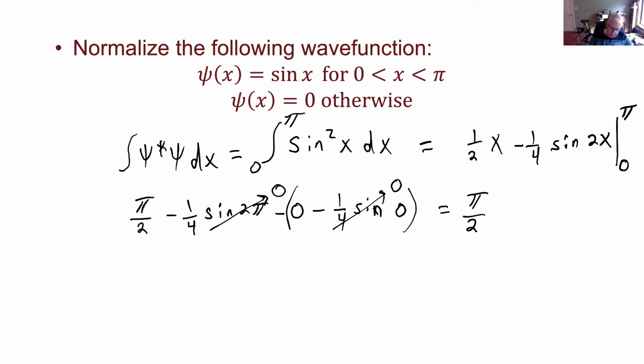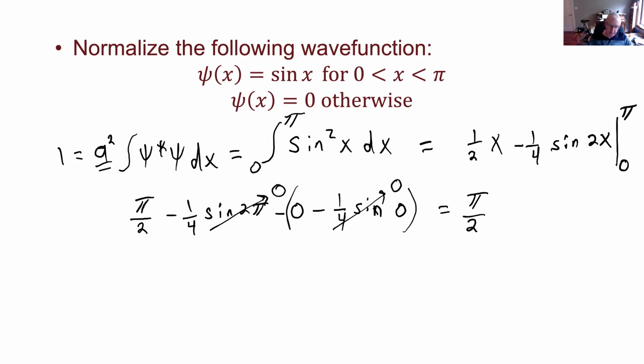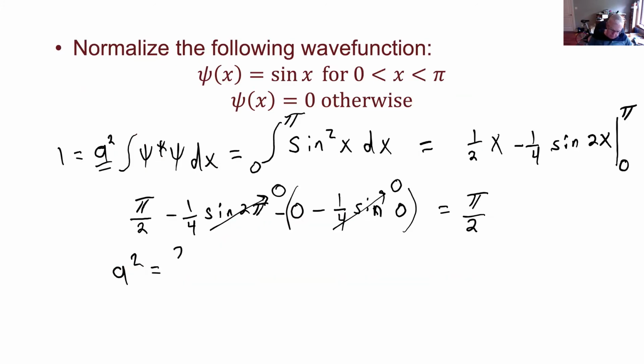If I take something that I'll call, say, a squared and put it out here, this will force that integral to be equal to 1, okay? For that to be true, I need a squared to be equal to 1 over this. So a squared is equal to 2 over pi. And that means that a is equal to the square root of 2 over pi.